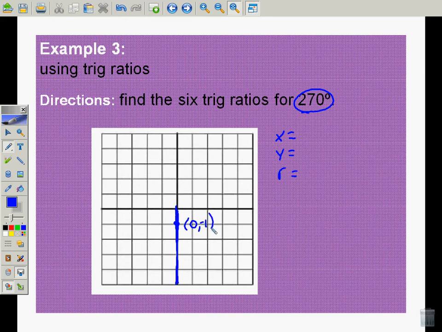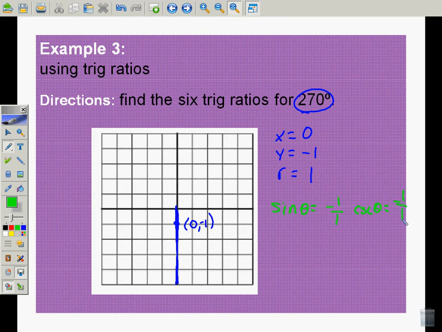So if I'm going to find r, what is my r going to be? Well, let's look. My r is my distance from my origin to the outside. So if x is 0 and y is negative 1, my r is going to be 1 because that's the distance. So 6 trig ratios. Sine theta is y over r, so negative 1 over 1. Cosecant theta is the opposite of that.